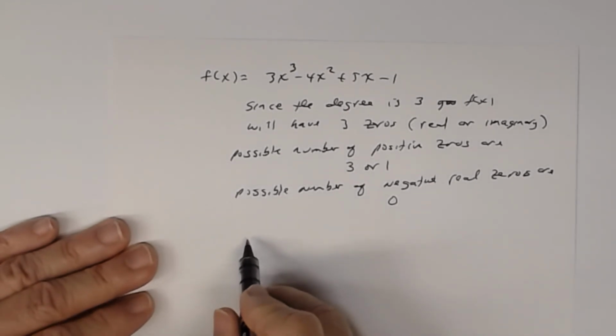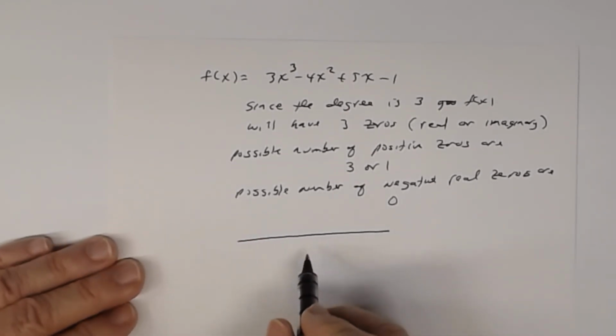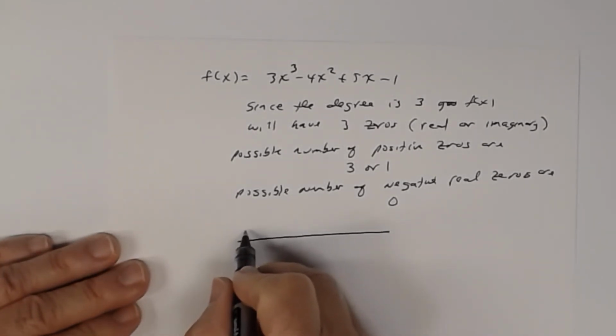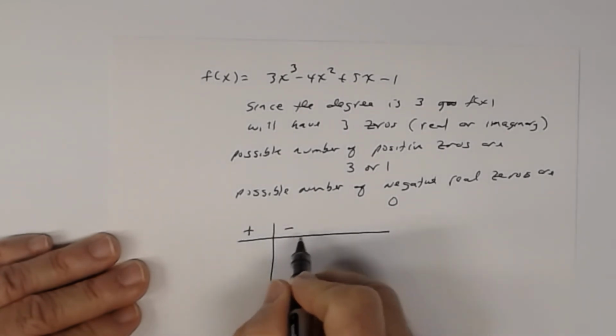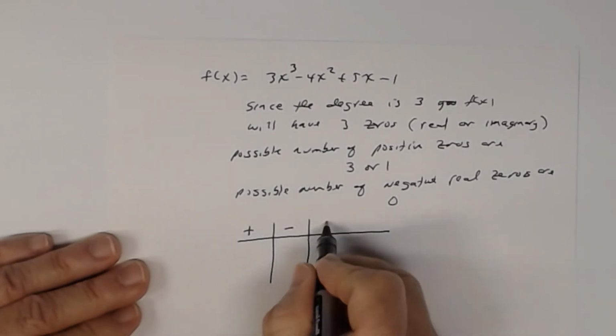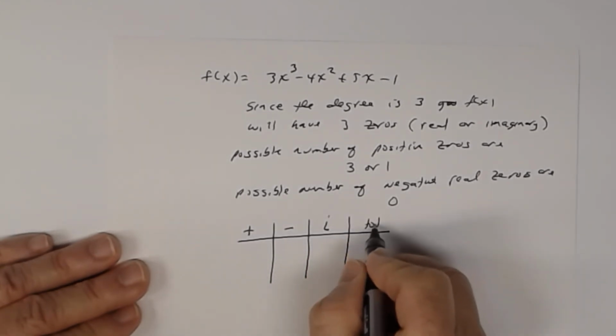So if I look at this in terms of a table, I have positive zeros, negative zeros, imaginary zeros, and then the total.